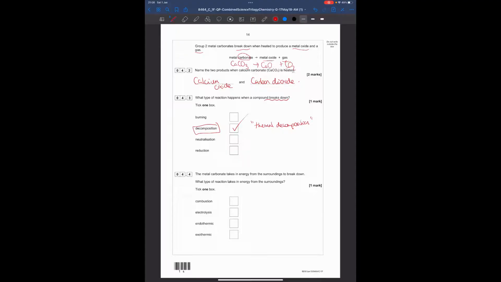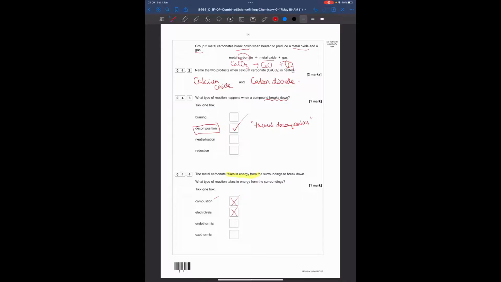Question 4.4. The metal carbonate takes in energy from the surroundings to break down. What type of chemical reaction does this? Well, combustion, this is a fancy word for burning, so that doesn't take in energy, so it's not that. Electrolysis generally produces a bit of heat, so it's not that.